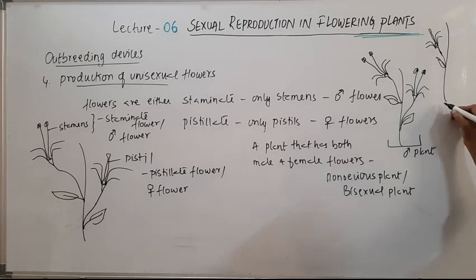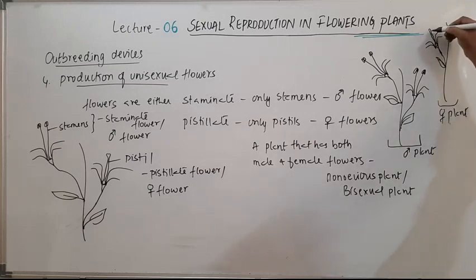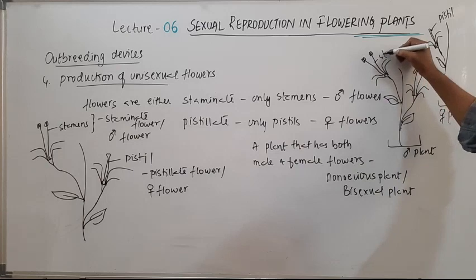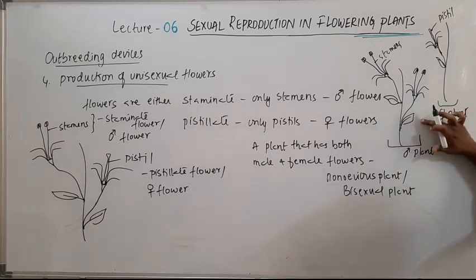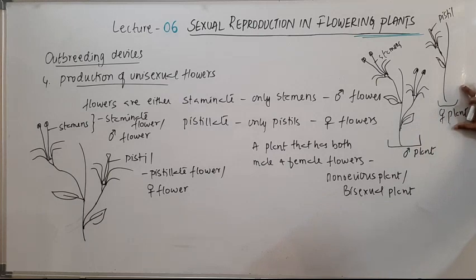So this is the female plant, and here the pistil is present. Any flower on this male plant will have only staminate flowers, and any flower on this female plant will be only pistillate flowers.